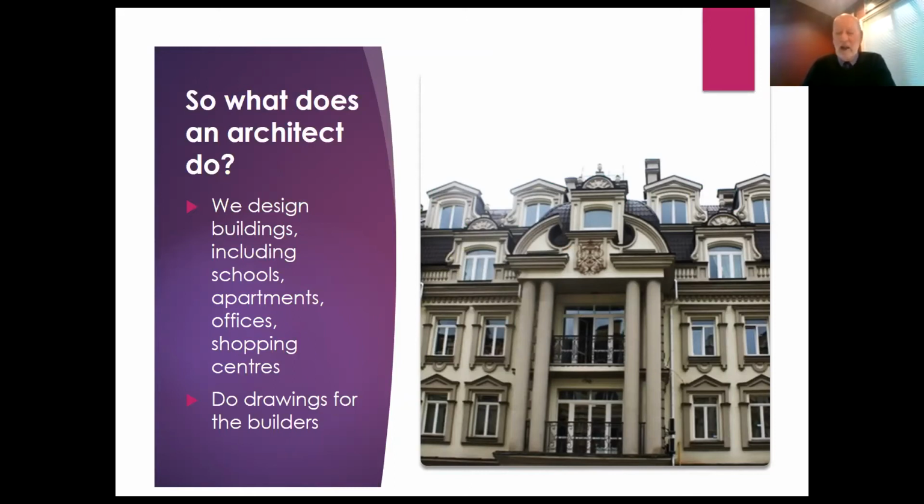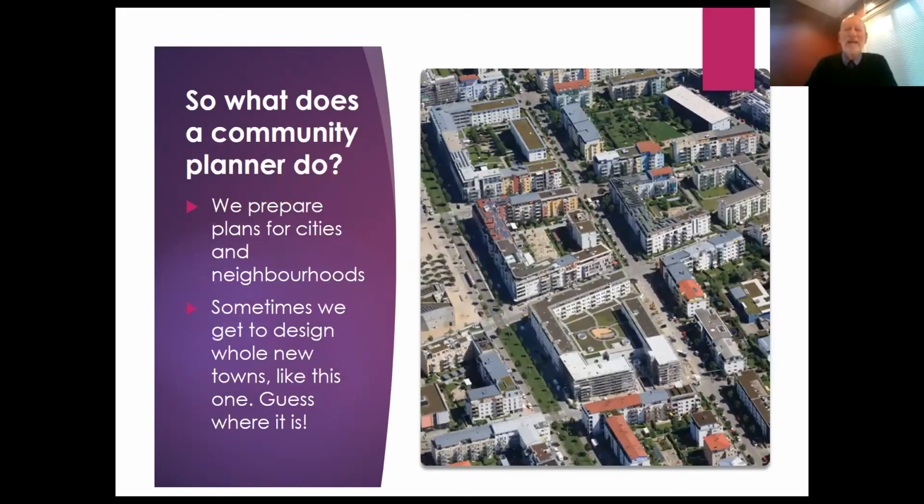Architects design larger houses, they design apartment buildings, and they design the shops that you go to, and they also design schools as well. The one thing that architects also do is they don't just design the buildings, they also prepare the working drawings so that the builders can have blueprints from which to work, although we no longer call them blueprints.